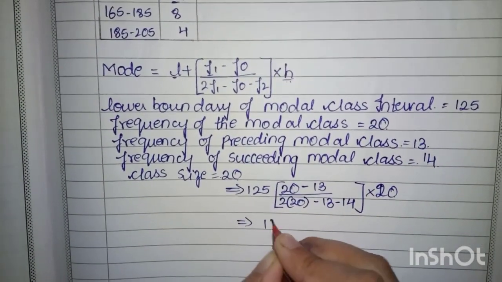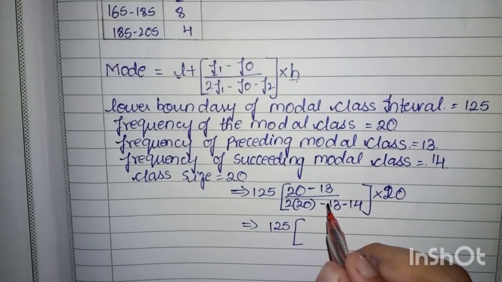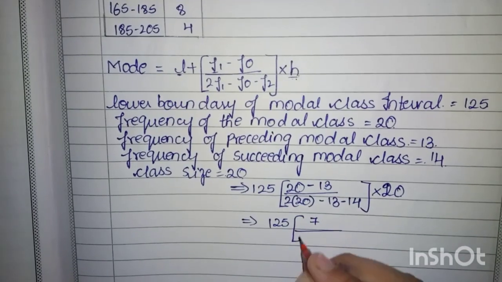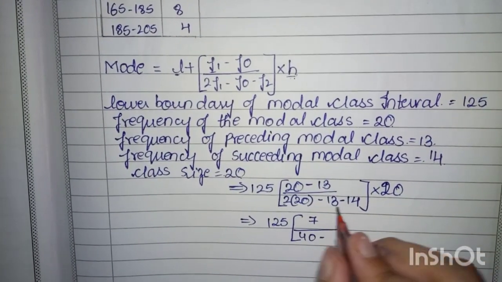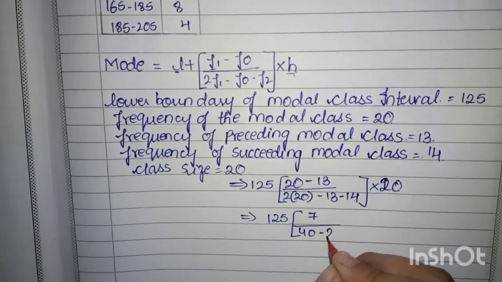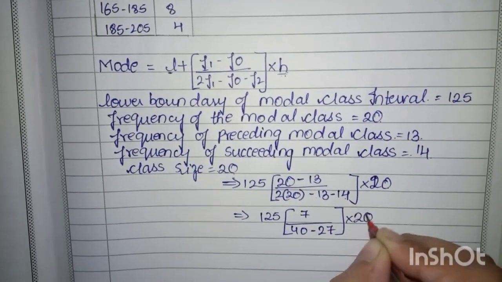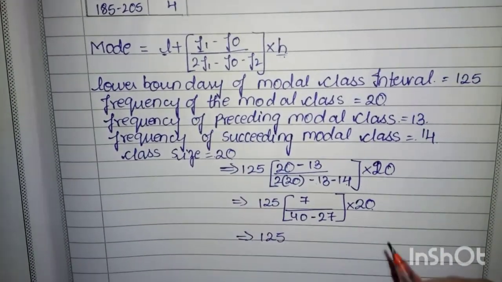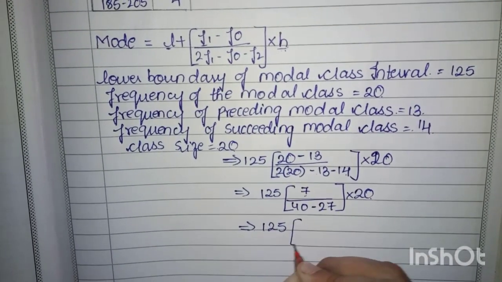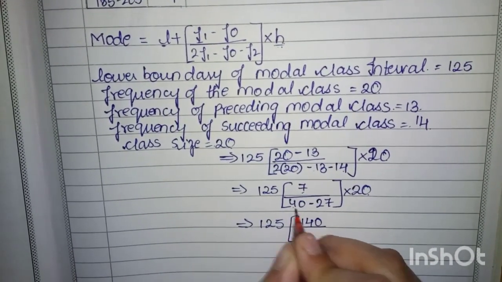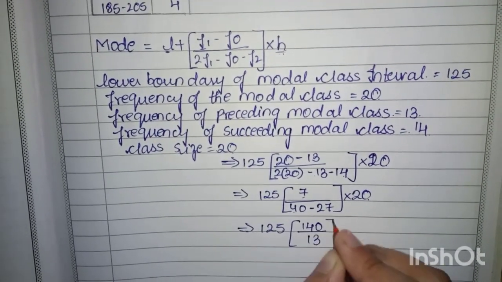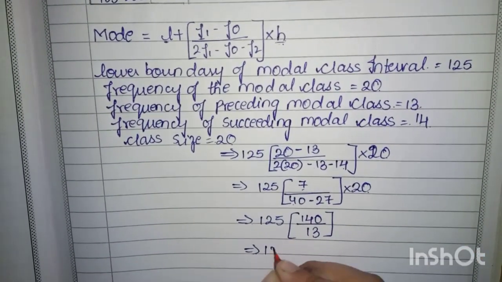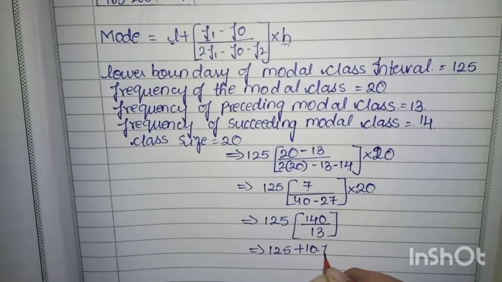Okay, so 125 plus, subtracting, 20 minus 13 is 7, by 40 minus 13 minus 14, on adding you get 27, into 20. So the next step will be 125 plus, multiplying 7 into 20 is 140, by 40 minus 27 is 13. On doing division of these two values, the answer will be 125 plus 10.76.